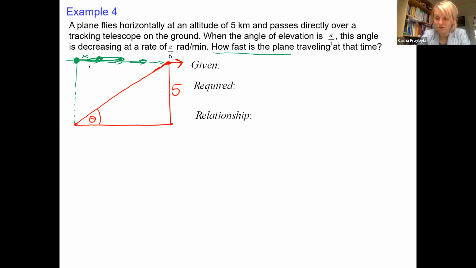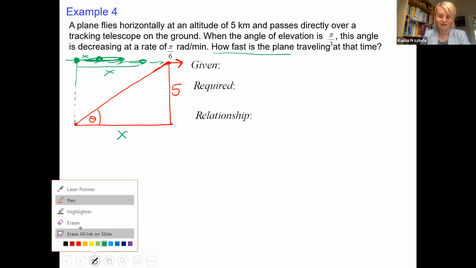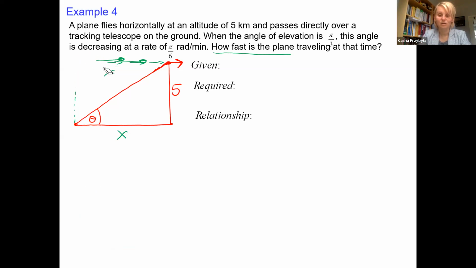I can project this on the ground and label that side of the triangle as x, the distance behind the plane, and we're looking for dx/dt: how this distance is changing. That means how fast.